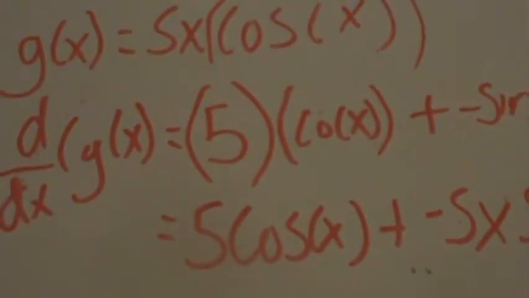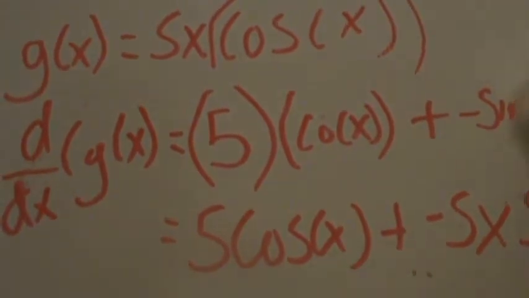So basically, I'll rewrite the product rule one last time. Let's say we have an h of x, and this is this times this, okay? So what is this saying?